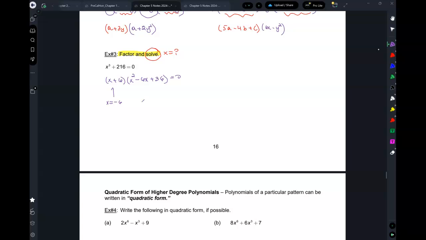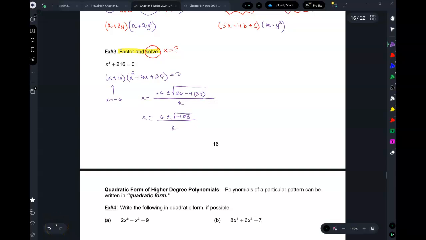So here, we're going to do this using the quadratic formula. Positive 6 plus or minus the square root of b squared minus 4 times a times c all over 2. So x is negative 6 plus or minus the square root of, this is negative 108, over 2.